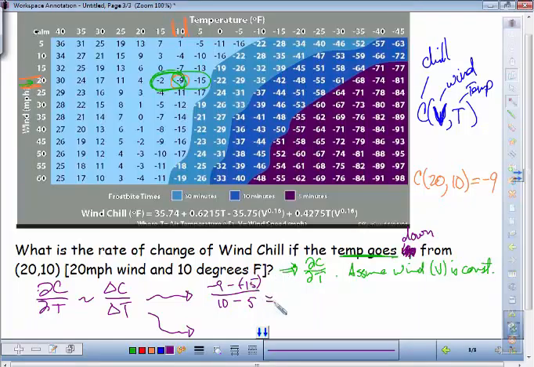So what is this? This is 6 over 5. And what's that in your calculator? That's like 1.2?